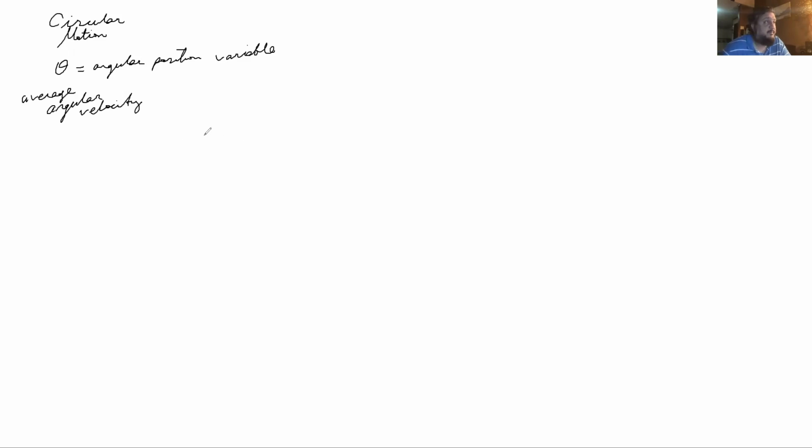Now, in the previous video, I told you what theta means. Let me repeat that. So we have this object going in a circle, and I want to measure my angles from an arbitrary axis. Let's say this will be your x-axis.